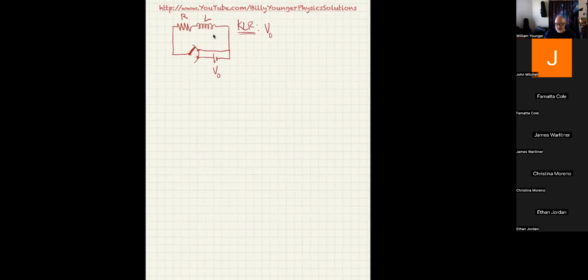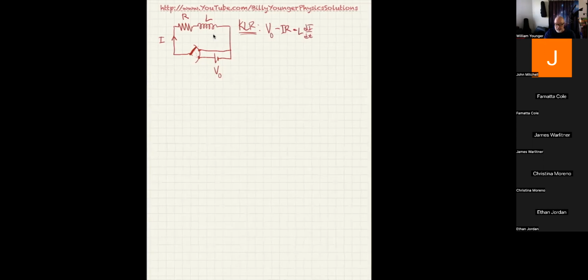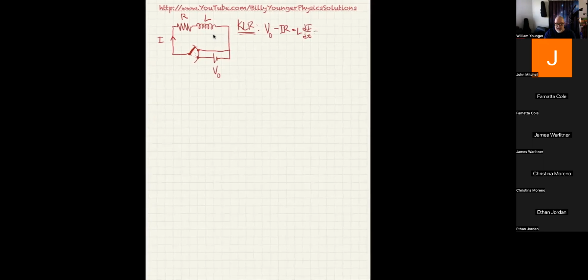Then I go through the switch and hit the resistor, and since I am going in the direction of the current, which is that right there, it will be a minus I times R. Now, also from Faraday's law, we learned that the voltage is going to be negative L di dt, so that's going to be a voltage drop as well, and then we're back where we started from, so we can write that as 0.